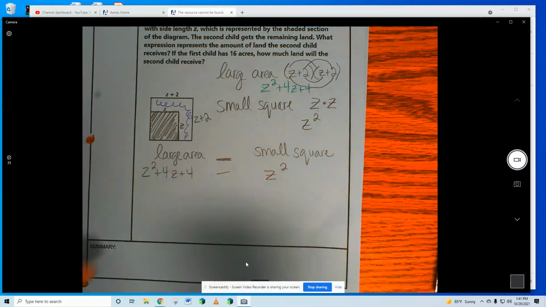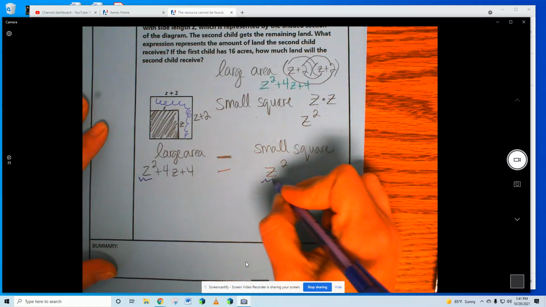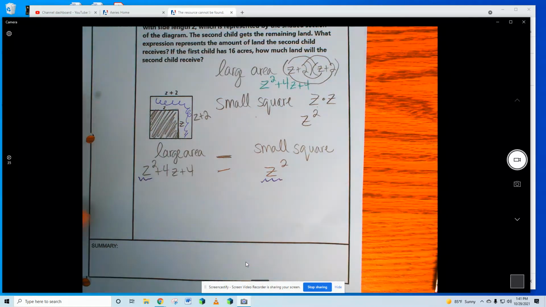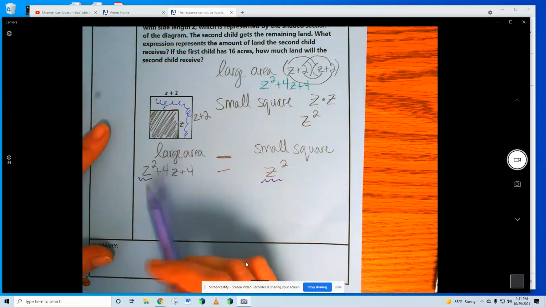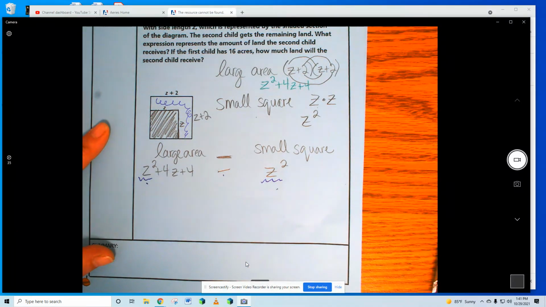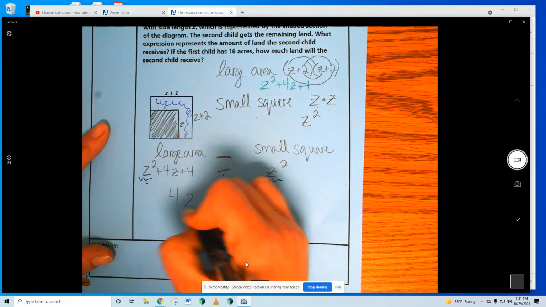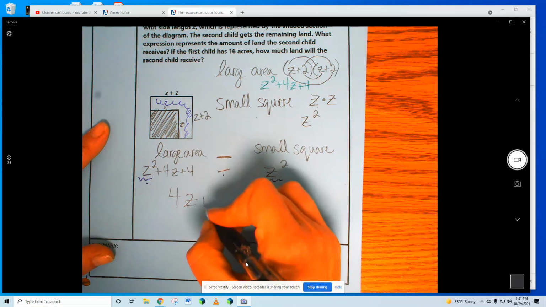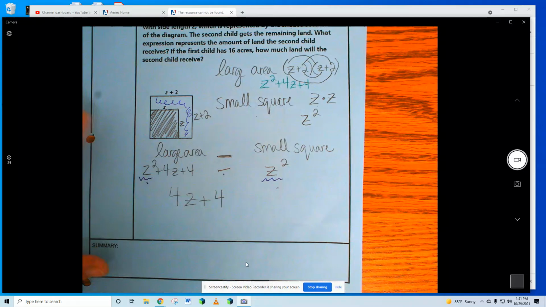The Z squared. So do a little underlining or notation. I can take out Z squared minus this Z squared. The only thing I would have left is 4Z plus 4.